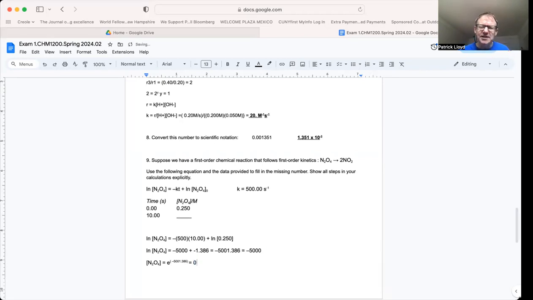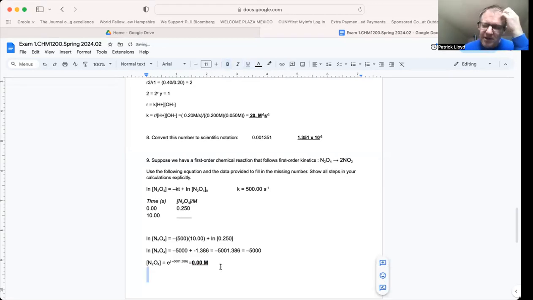Now, technically speaking, it's not 0. It's just your calculator is incapable of doing this calculation because it's such a small value that it can't do that many significant figures. But that's okay. 0.00, and that's molar. That's your concentration.